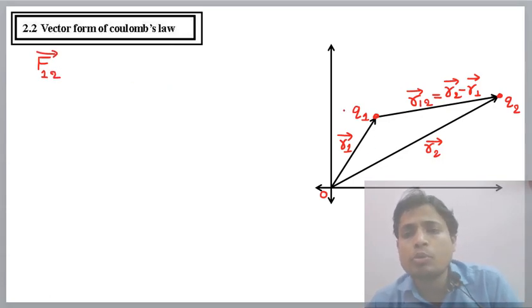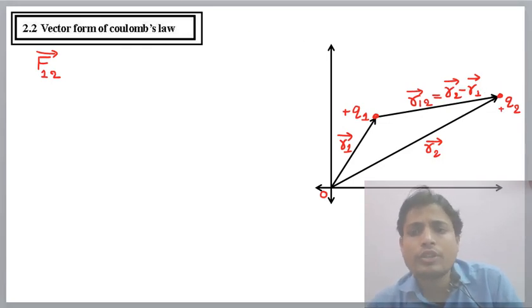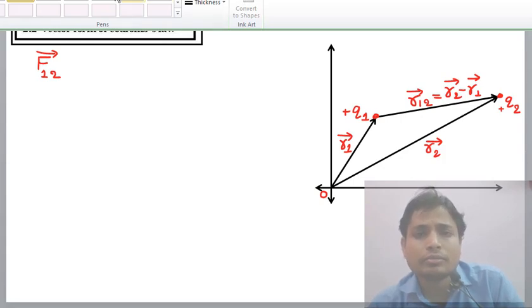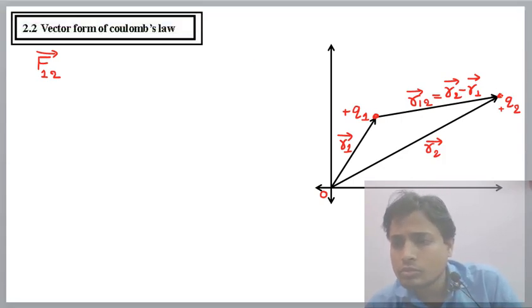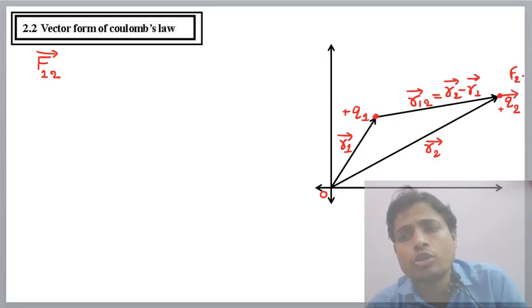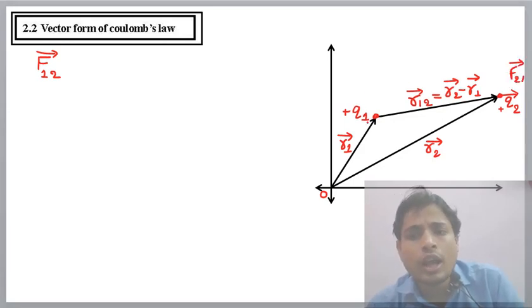Suppose both are positive charges. So they will repel each other. This will be called the force on 2 due to 1, and this will be called force on 1 due to 2.